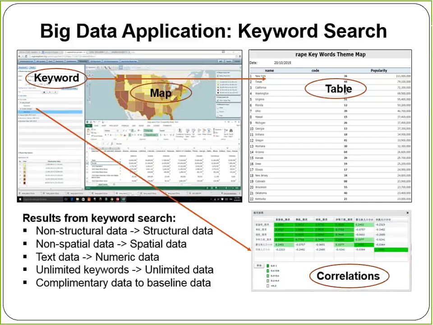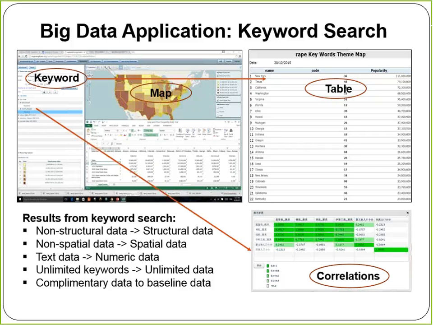Next, we use this to try to build a correlation. Once you add the keyword search, you can add the data table into your current index. Then you can generate a correlation matrix between your search word results and other baseline data.